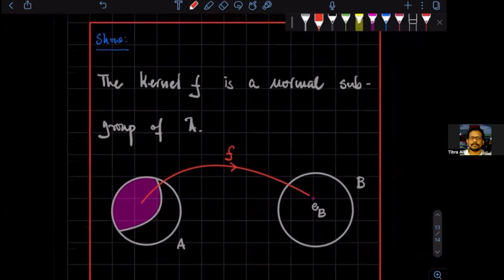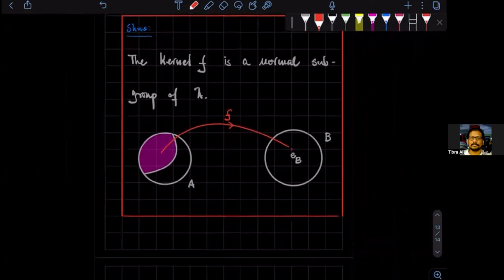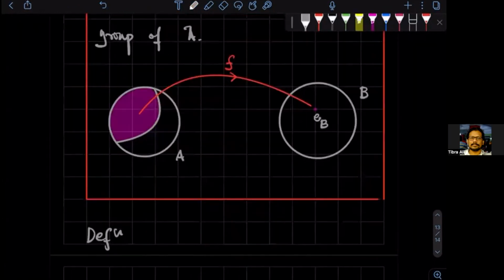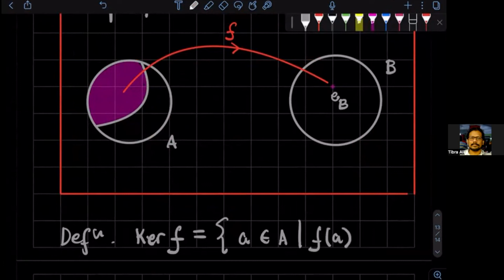Let me define what a kernel is. Definition: the kernel of the map F is all elements a in A such that the map of a takes you to e_B, okay?